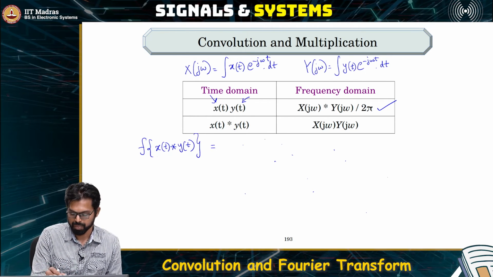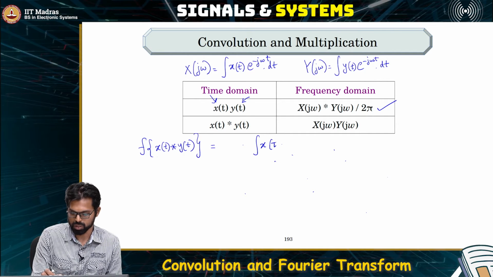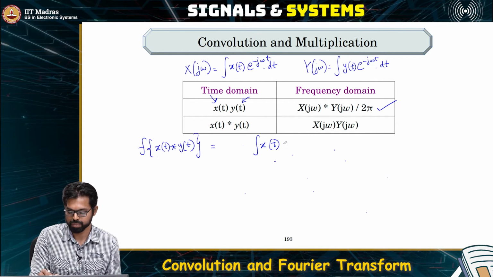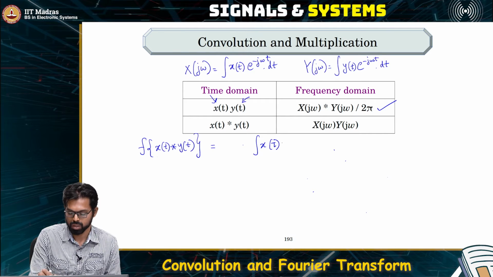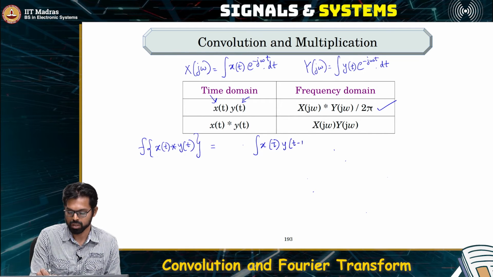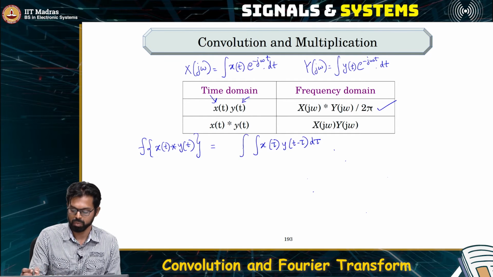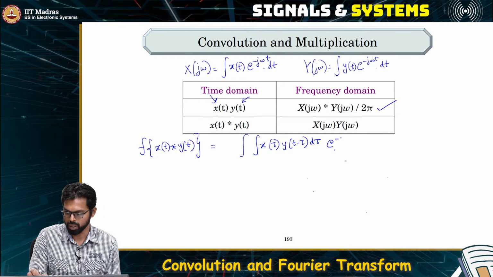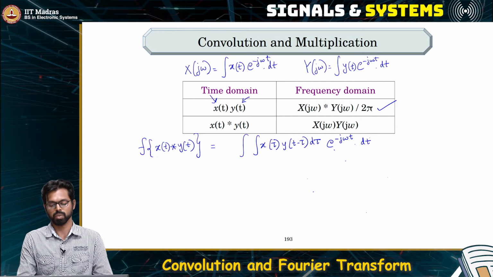So what is this? First, let's write the convolution operation. We have x of tau times y of t minus tau d tau, and its Fourier transform, which is e power minus j omega t dt.